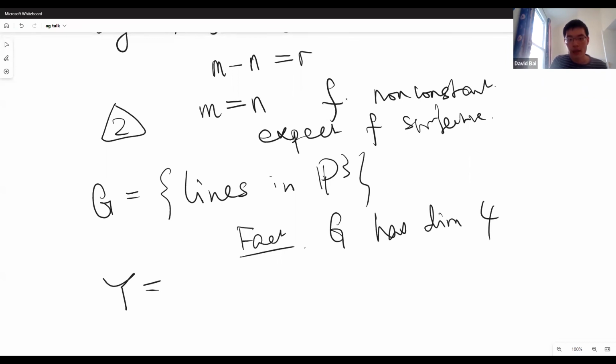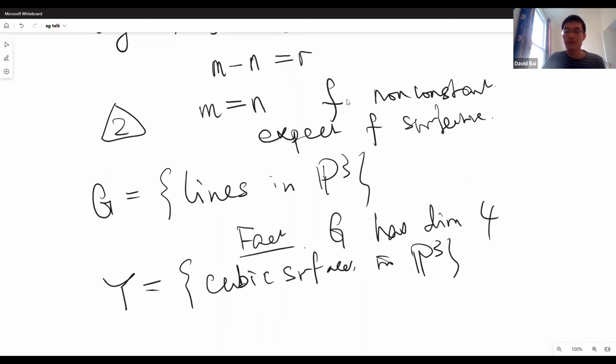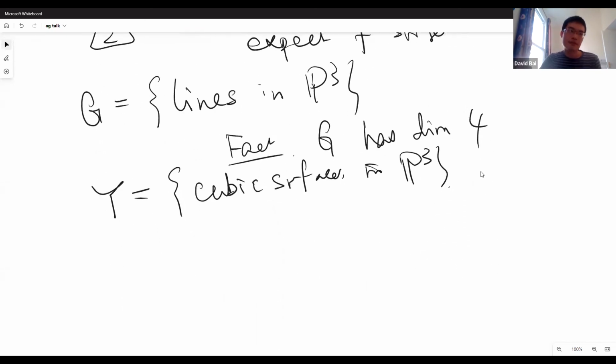And I let Y be the cubic forms. Let's say cubic surfaces, because we've introduced that terminology. Cubic surfaces in P3. I think I also said it before, but the number of cubic monomials in 4 variables is 3 plus 4 minus 1, choose 3, which is 20.